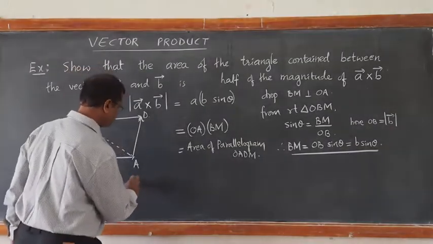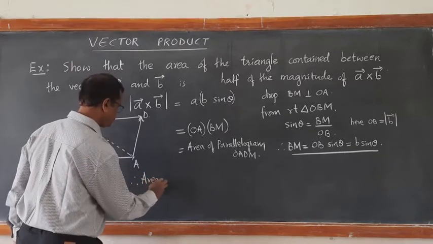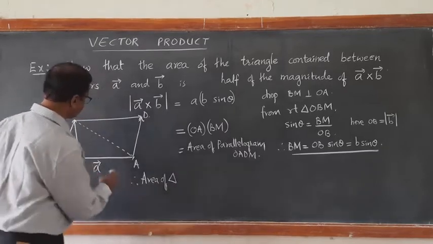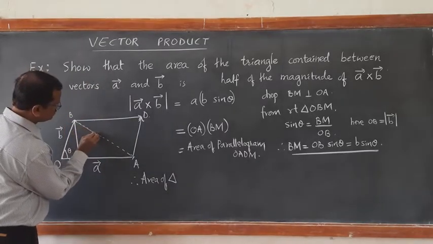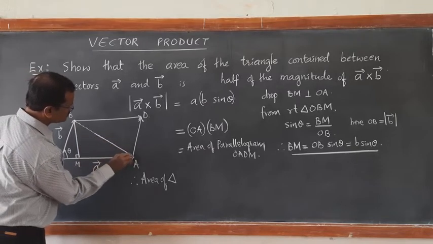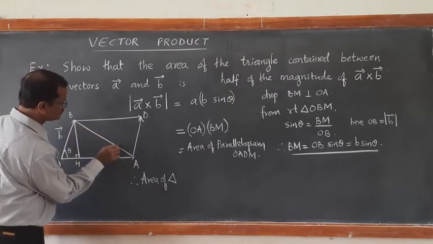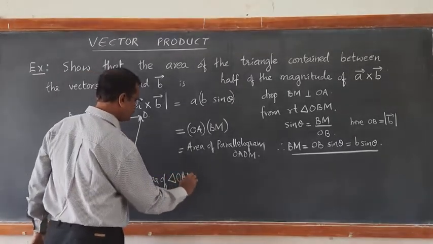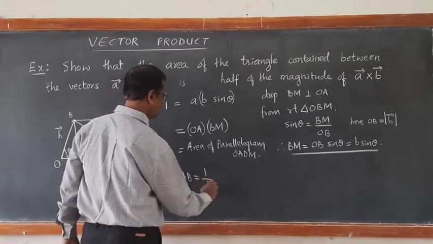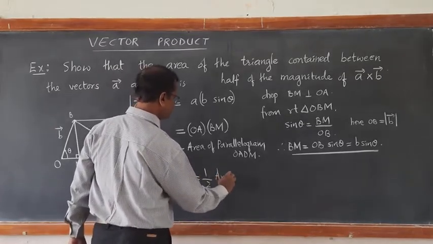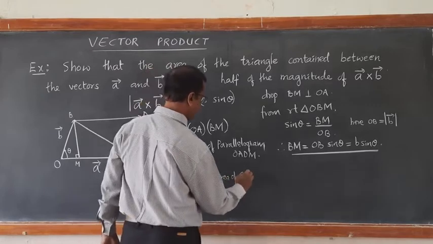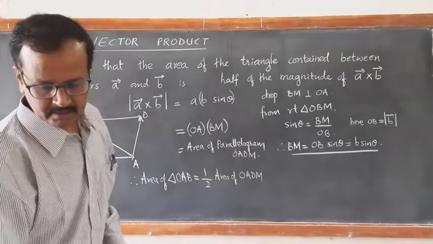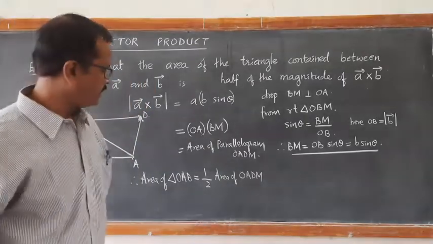Therefore, the area of triangle OAB, where AB is the diagonal, as you can see here, is equal to half the area of the parallelogram OADB.